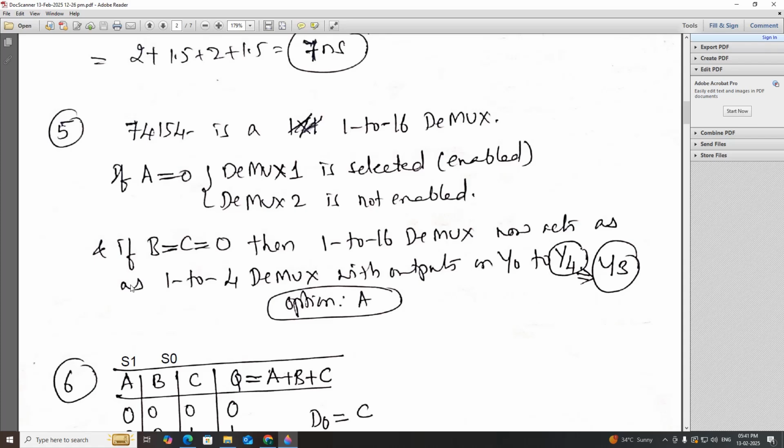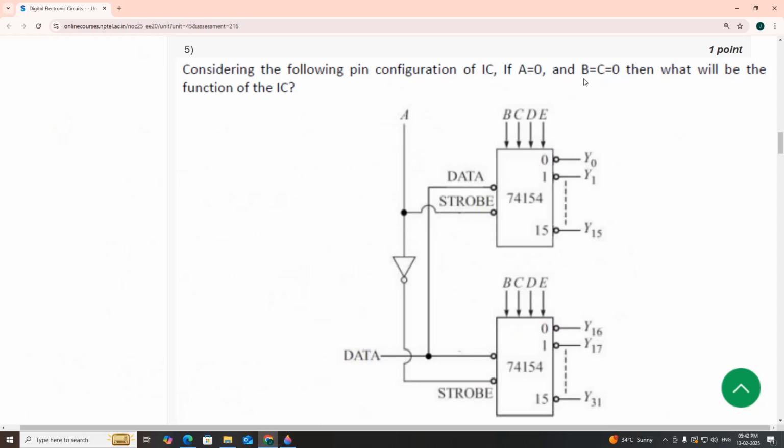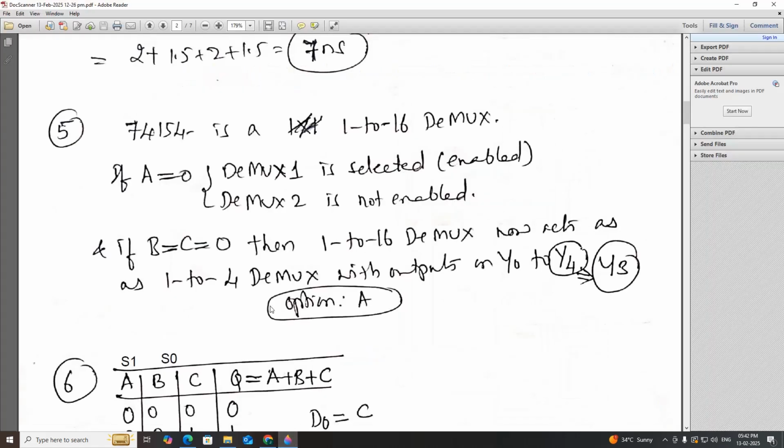Now coming to the first demux. The question: if B is equal to C is equal to 0, what will happen? We know that each is a 1 to 16 demux. Now it will act as a 1 to 4 demultiplexer, because B equals C equals 0.